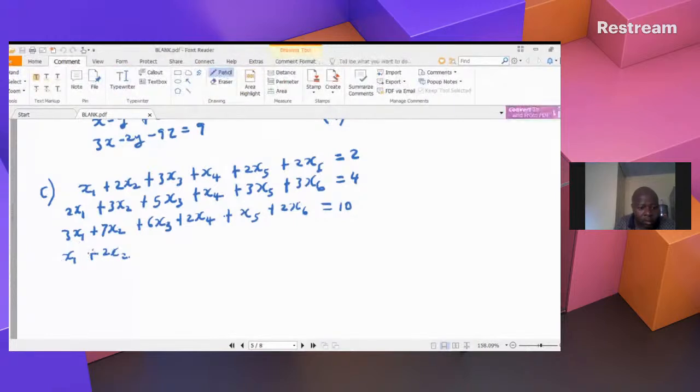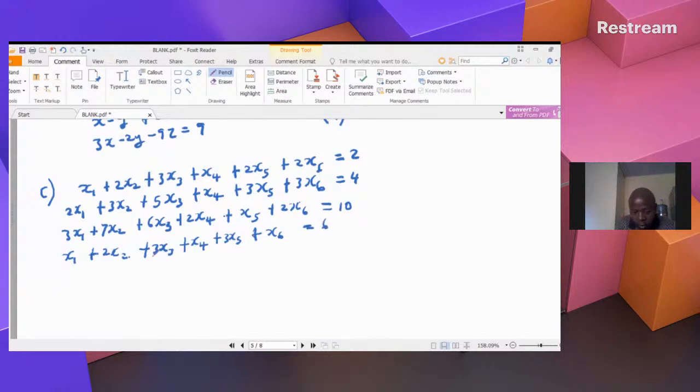Now this was x1 plus 2x2 plus 3x3 plus x4 plus 3x5 plus x6 is equal to 6. Let me see that I've transferred everything.